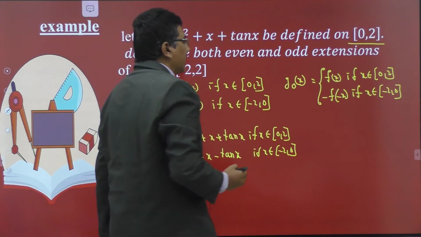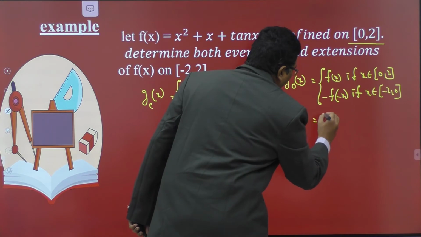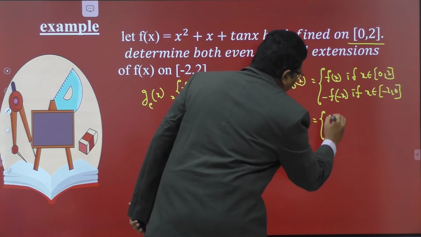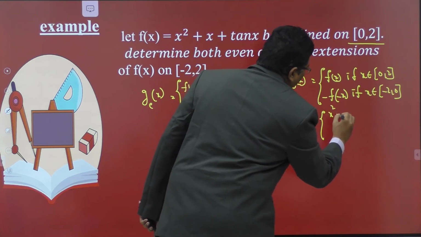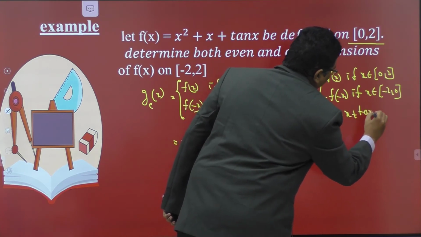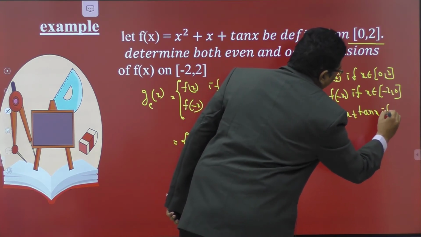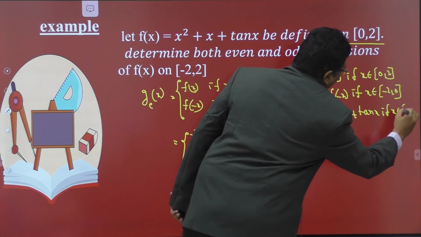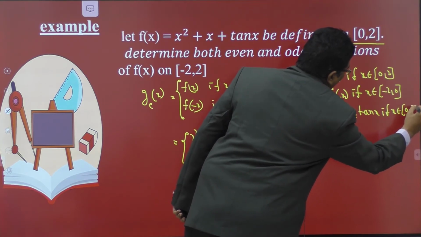Now the odd extension, that is equal to f of x. f of x means x square plus x plus tan x if x belongs to the closed interval 0, 2.